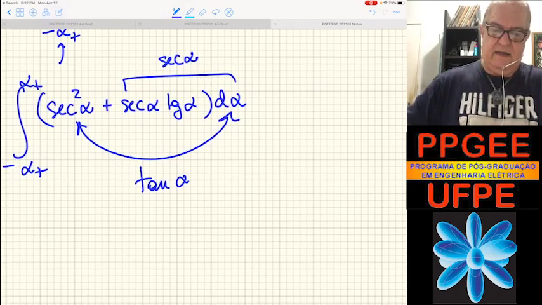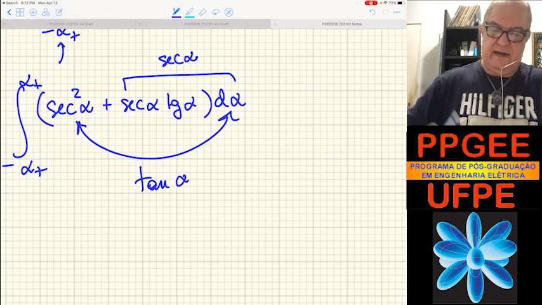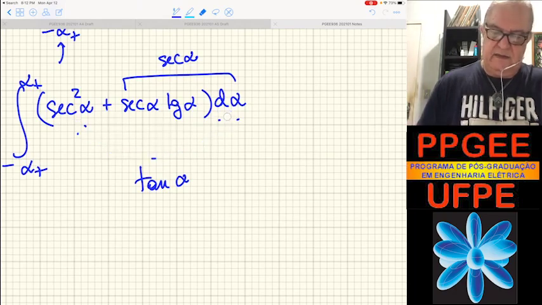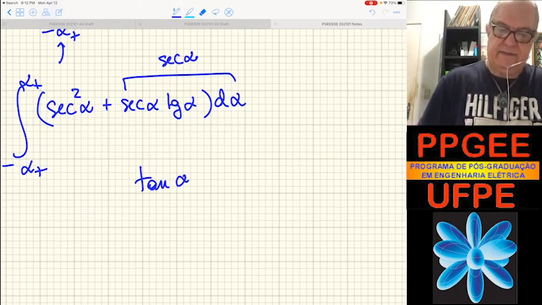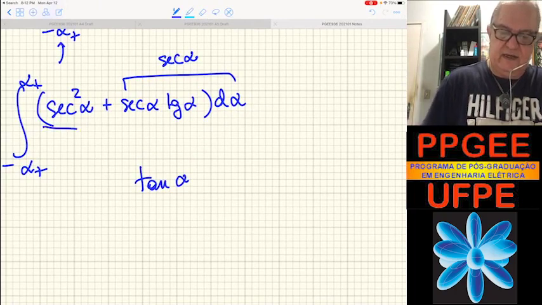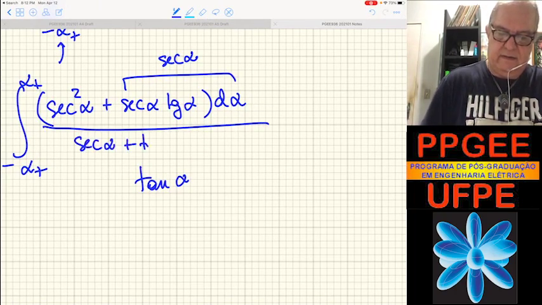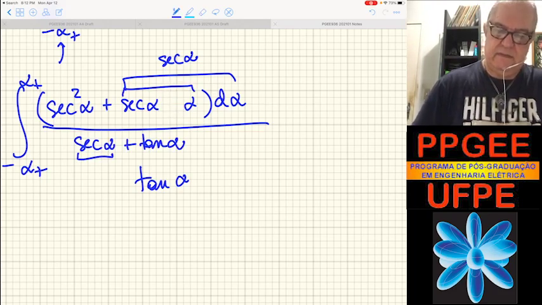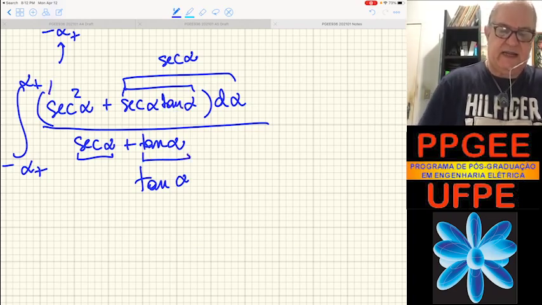Sorry, I forgot to put the denominator here. Sorry about that, I just did it too quickly. So the derivative of sec alpha is sec alpha tangent of alpha, and the derivative of tangent alpha is sec squared.